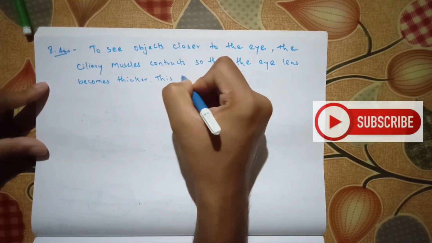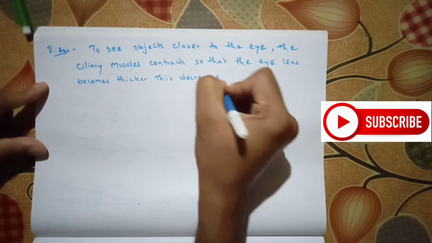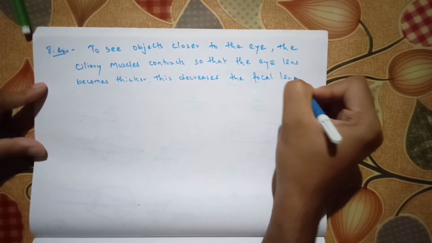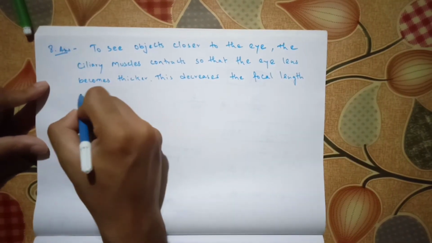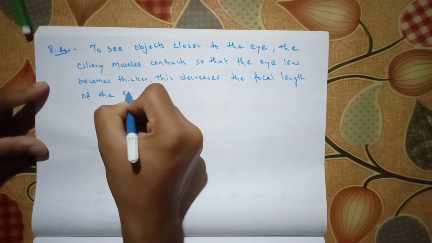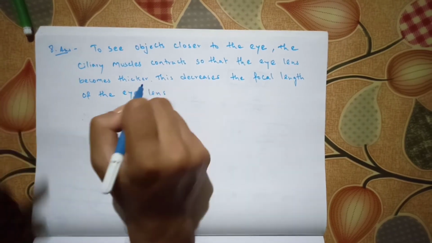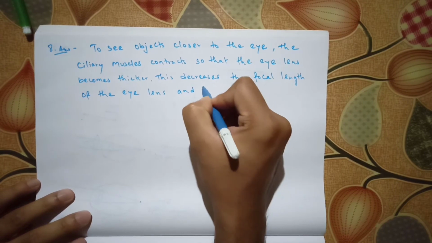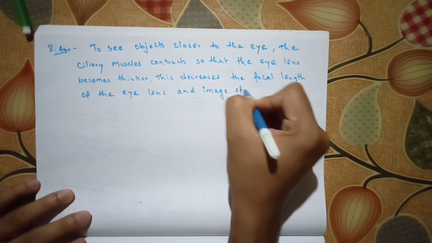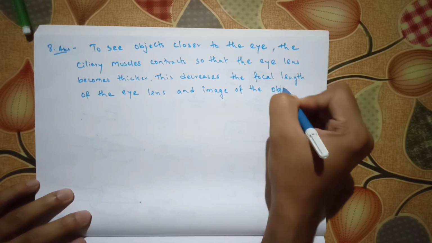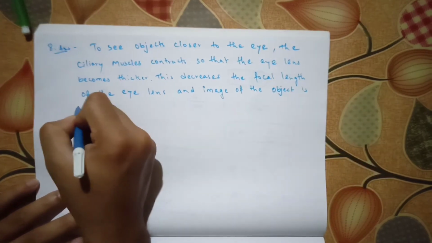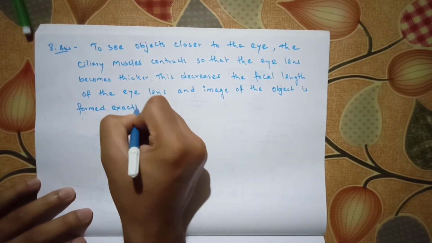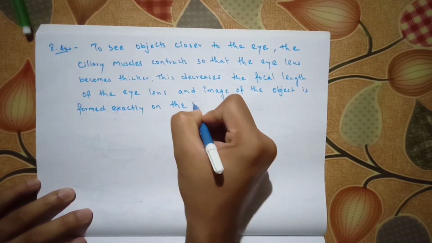This decreases the focal length of the eye lens and the image of the object is formed exactly on the retina.